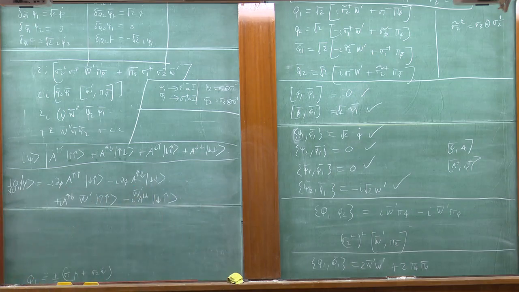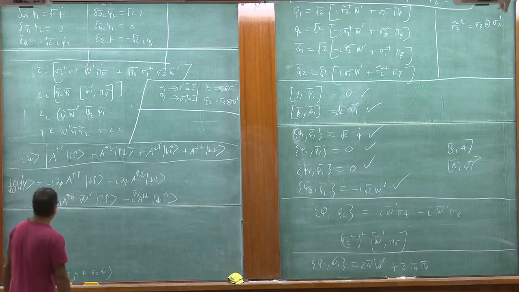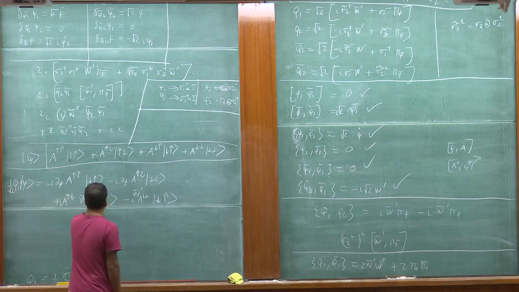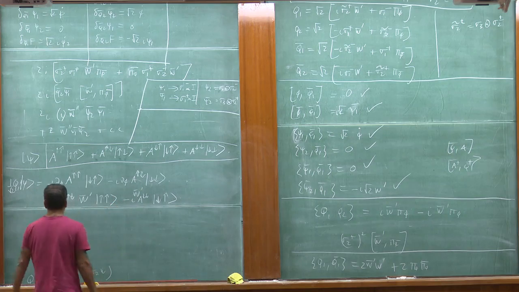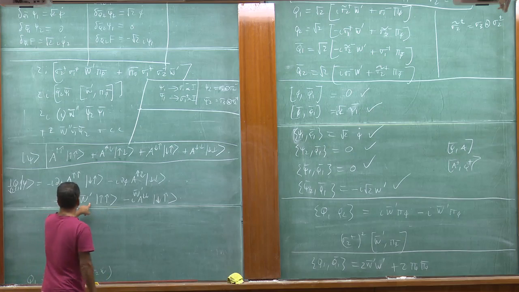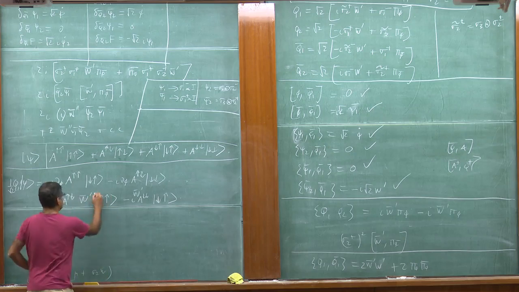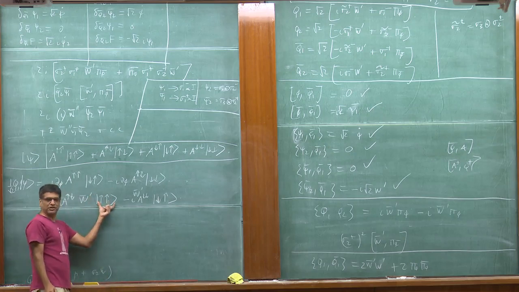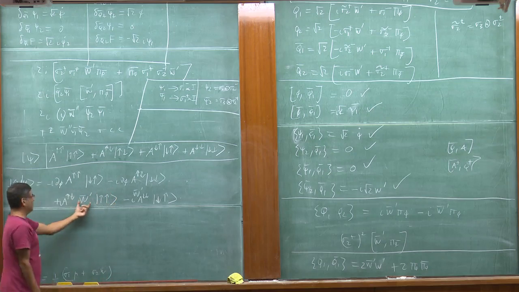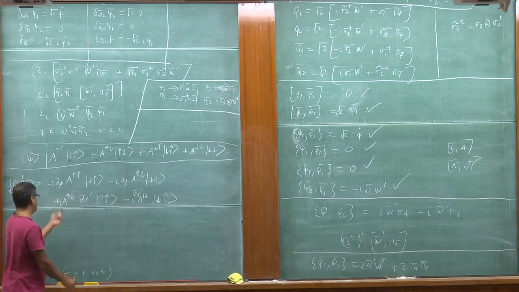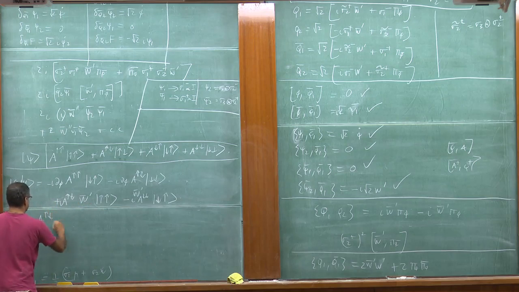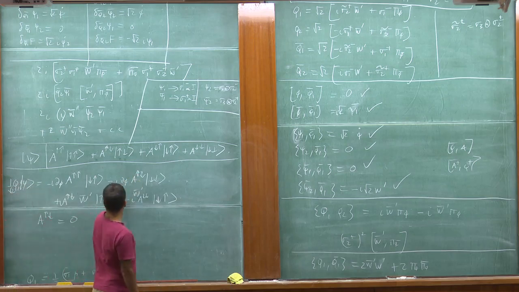Okay, wonderful. Now you see these terms come only from this term, there's only one state proportional to up. W bar prime we assume is non-zero, so that tells us A up down is equal to 0. Since A up down is equal to 0, this is also 0, no further condition.